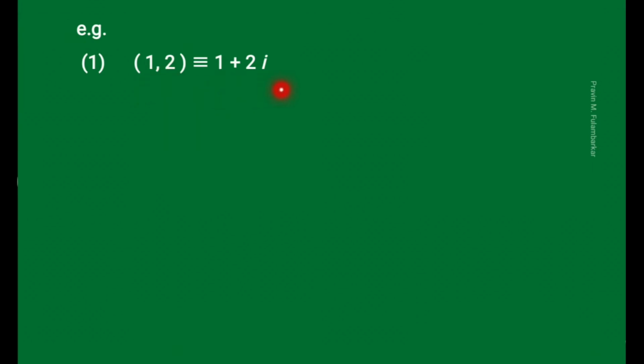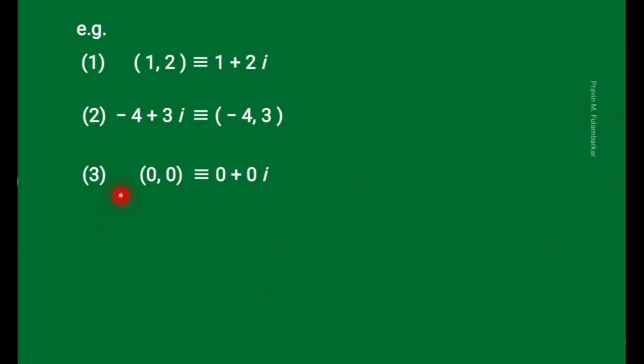So we write 1 plus 2i as (1, 2). Now see second, -4 plus 3i we can write as (-4, 3). Similarly, third example 0 plus 0i, that means origin. So we write it as (0, 0).